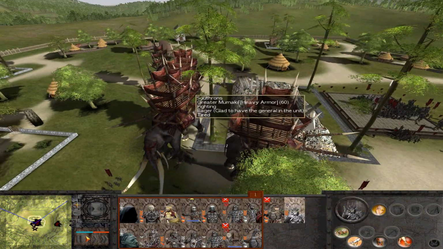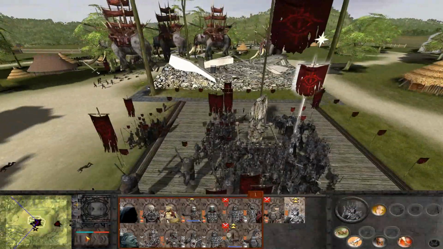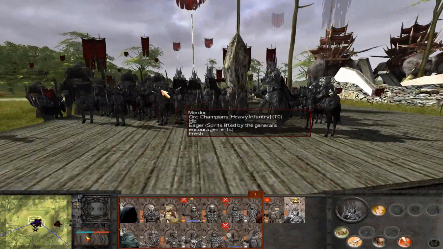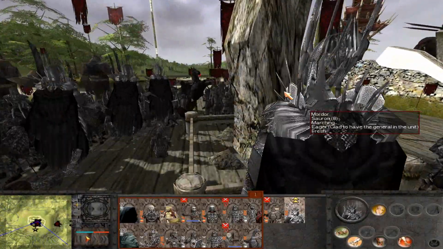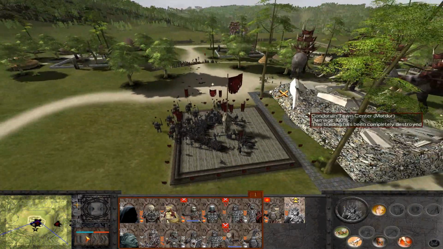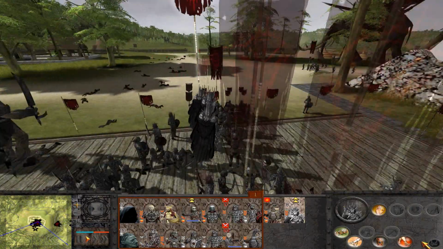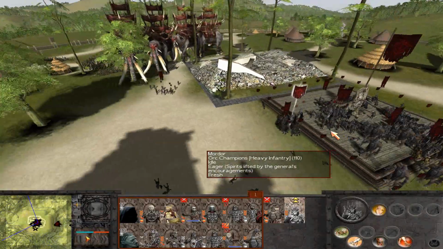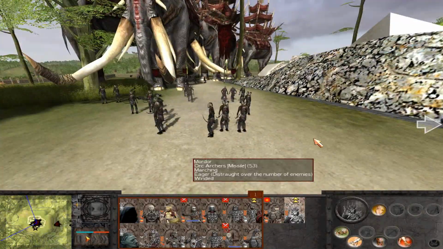Move Sauron out and attack the Mumakils. Sauron needs to attack them before they shoot him down. Don't want him to die because of their arrows.